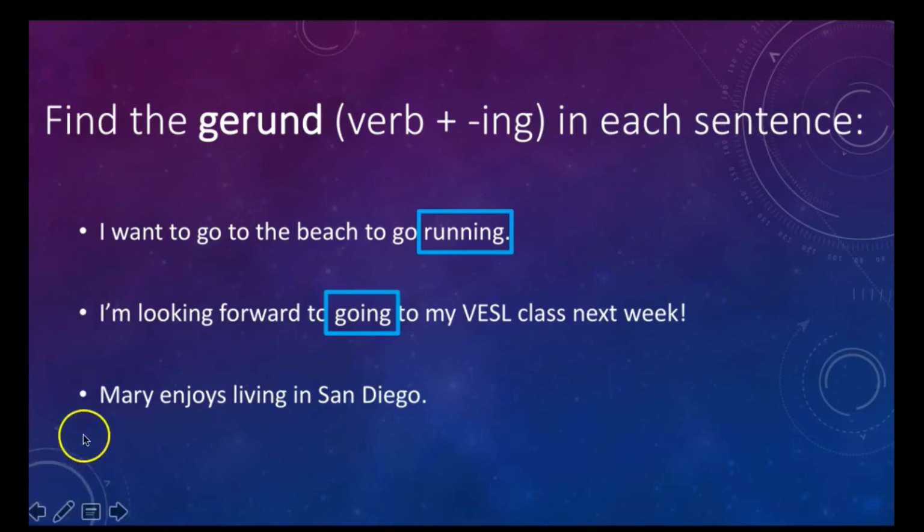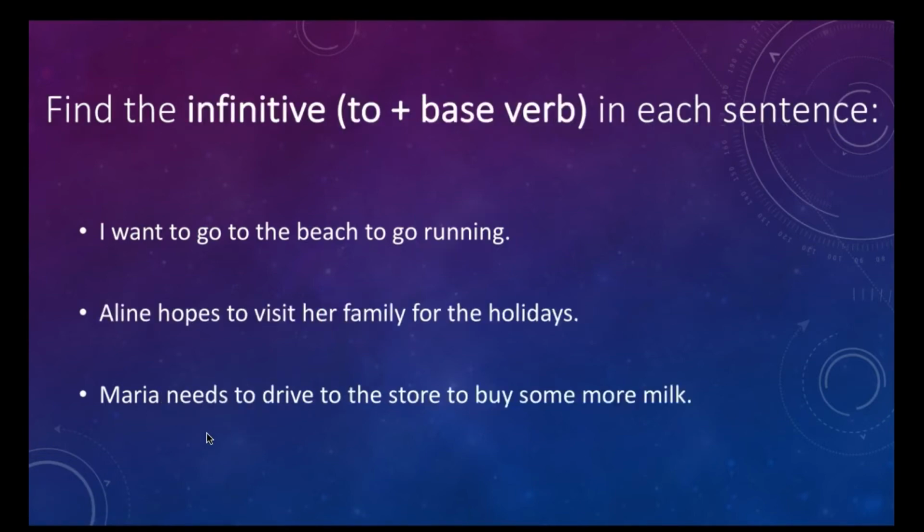Okay, and number 3, Mary enjoys living in San Diego. The gerund is living. Good job. Now find the infinitive, or to plus the base verb, in each sentence. I'll give you a few moments to read each sentence and find the infinitive.